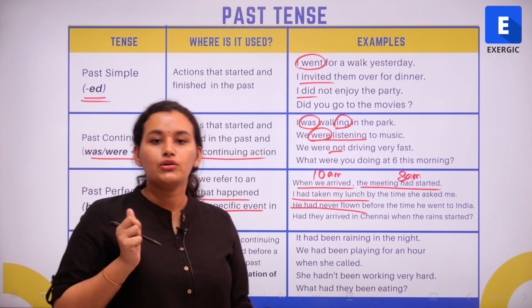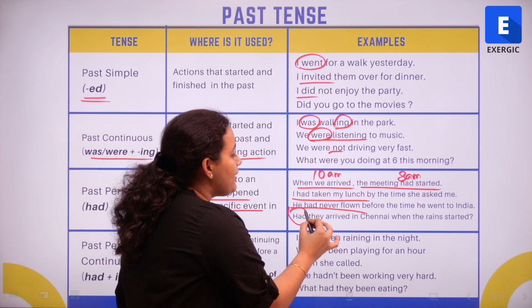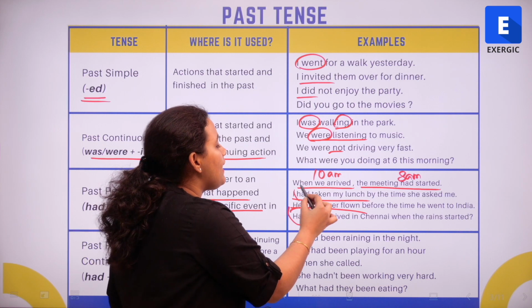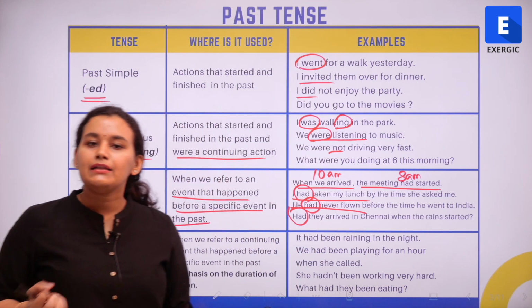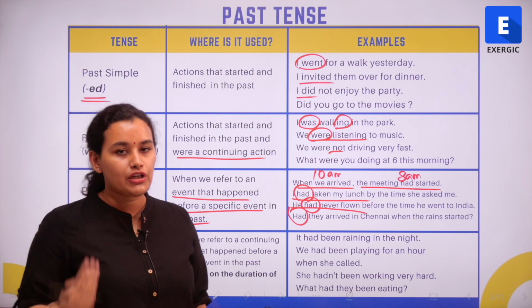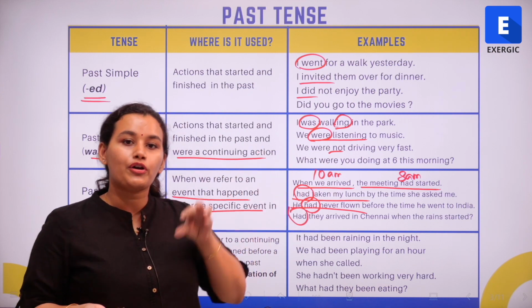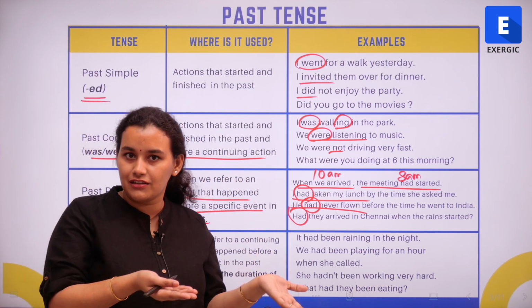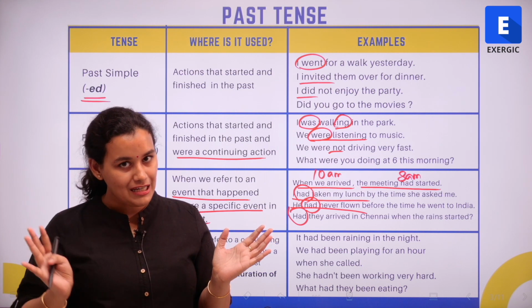How do we recognize that a sentence is in the past perfect tense? We are looking for the word had. So he had never flown, or I had taken my lunch, and so on and so forth. Again, the past perfect tense is mostly used when we are talking about a sequence of events. So I'm talking about two events, one after the other, and I'm referring to an event that is much earlier in the past.